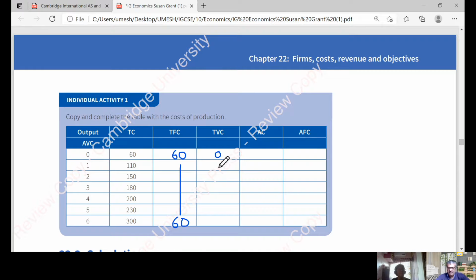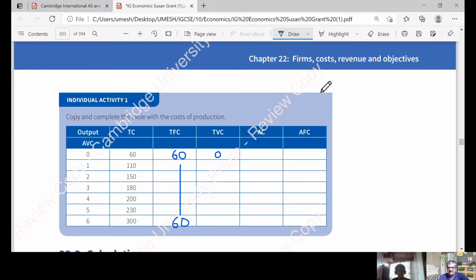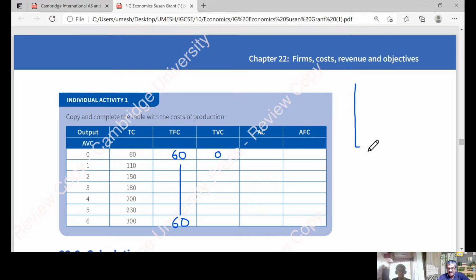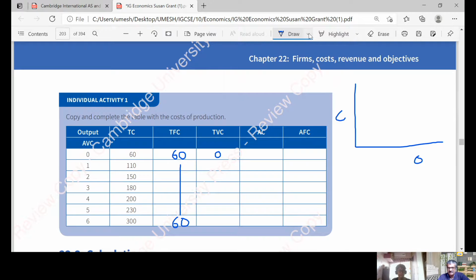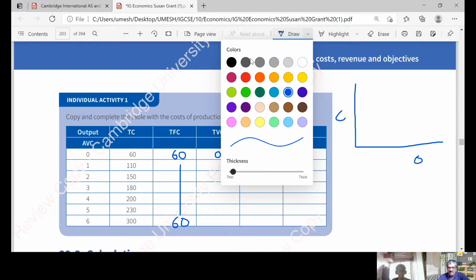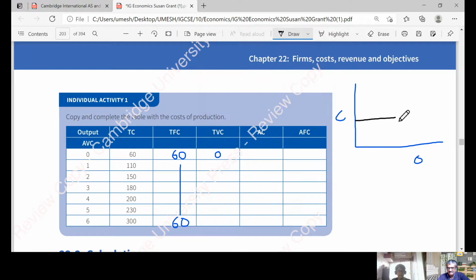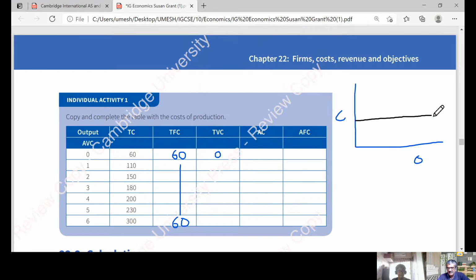See, we have seen fixed cost. For example, on the x-axis there is output and here there is cost, right? Now, this is your total fixed cost. I'm not writing everything, I'm just writing FC.